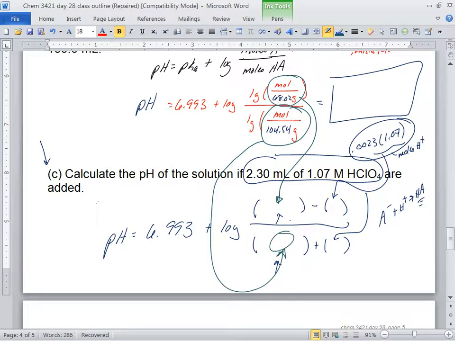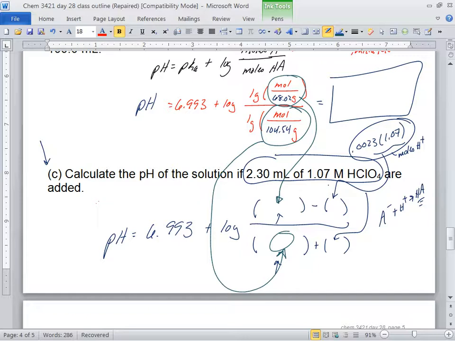So you just have to recognize whether the conjugate base or the conjugate acid is going to react with what we're adding, and then you add or subtract those moles correspondingly.